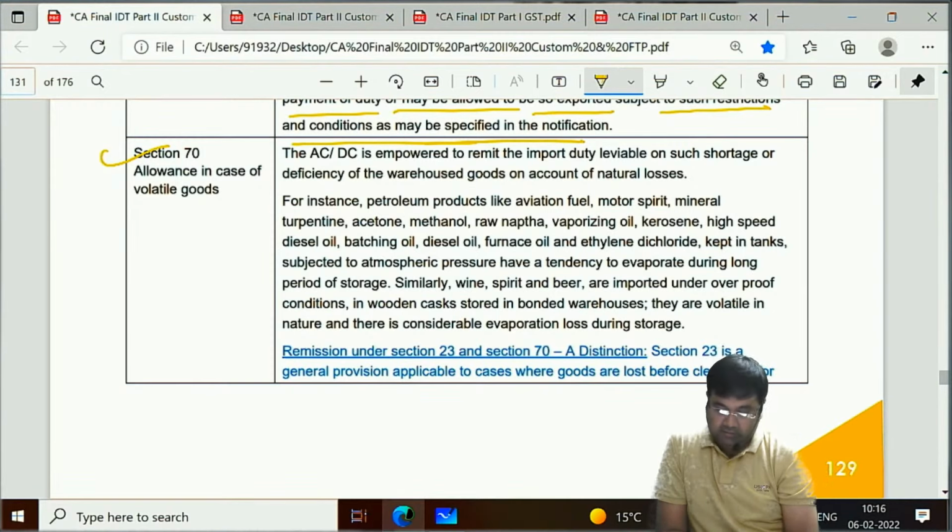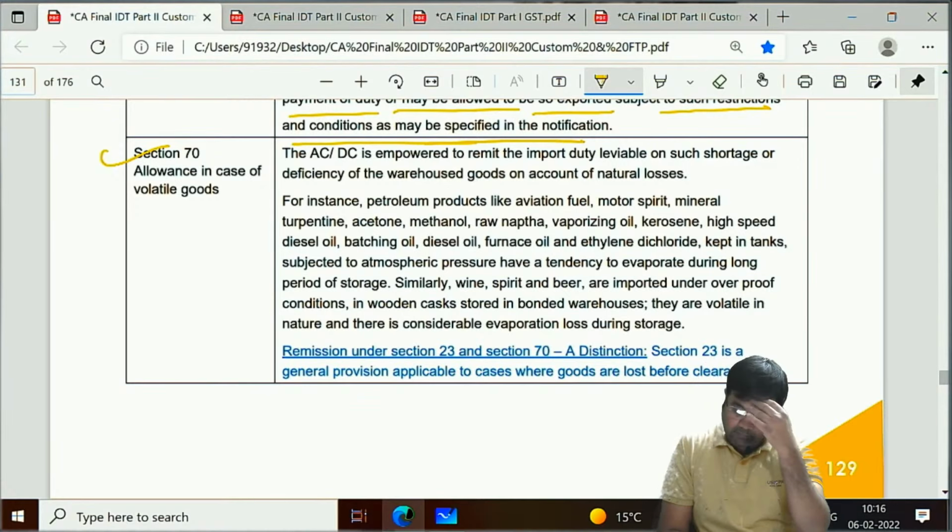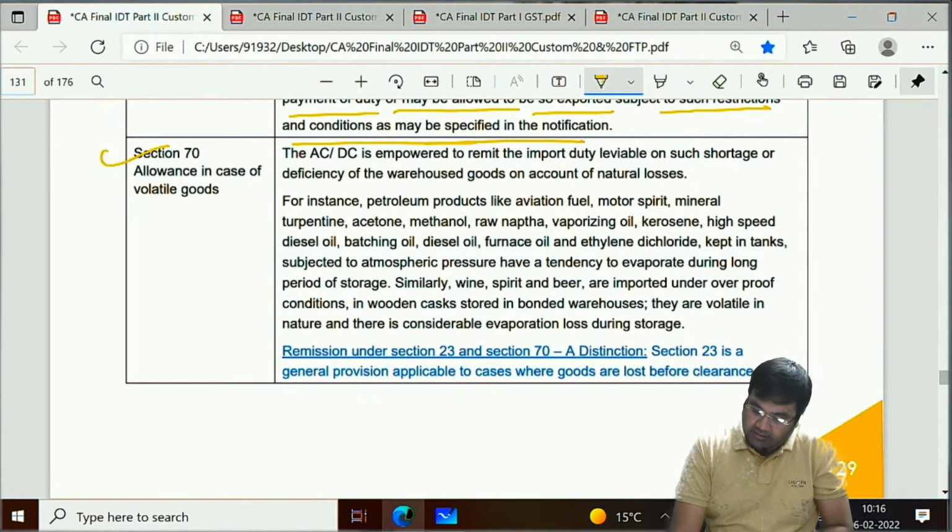Correct? Petrol, diesel. In fact, I think alcohol also evaporates. Okay, I'm not sure, but no, alcohol does not evaporate. So all petroleum products normally evaporate. Apart from that, there are also categories like kerosene, furnace oil, all of these evaporate. Okay.